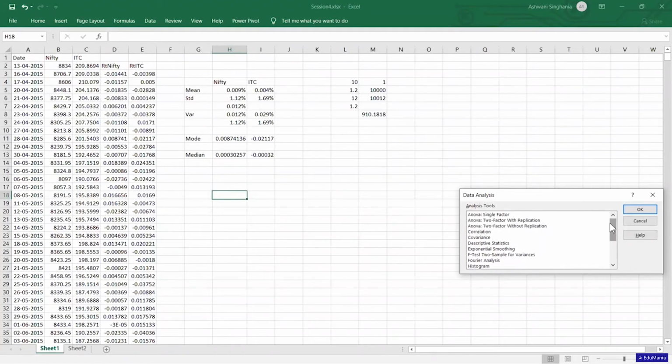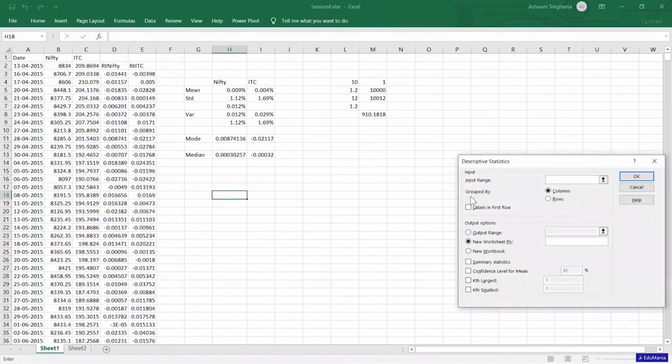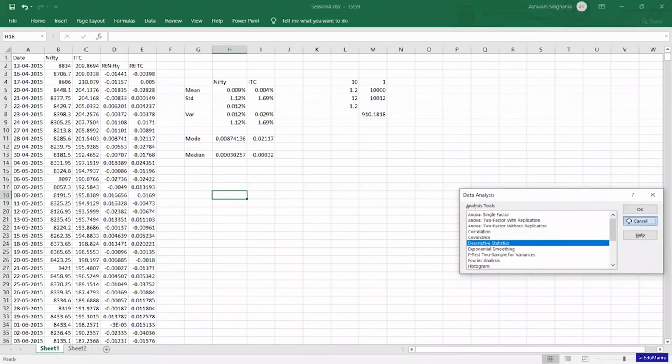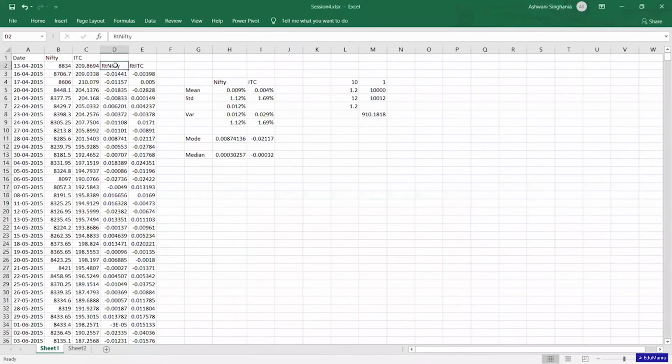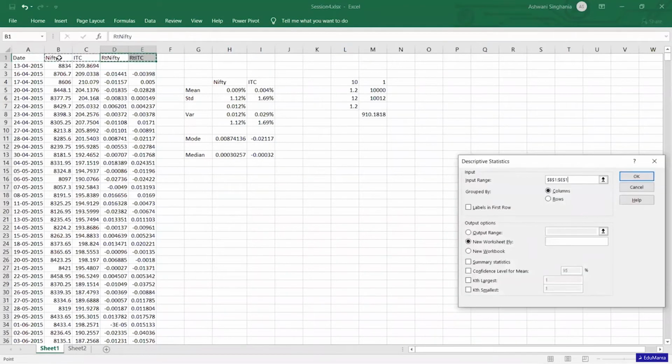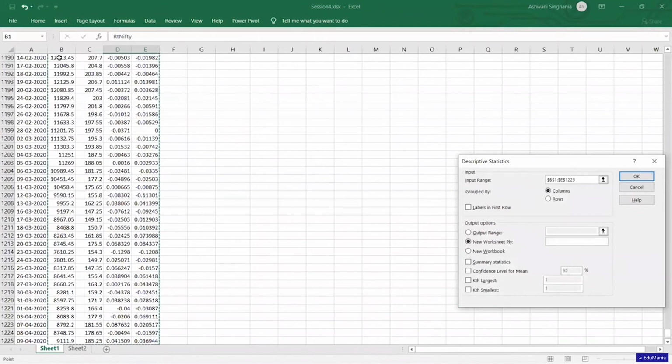Let us start with descriptive statistics. We have to select the range. Let me put it up so that we can have the headers in the same line. This is the data set I'm going to use, and we want summary statistics, and there is a label in the first row as well.